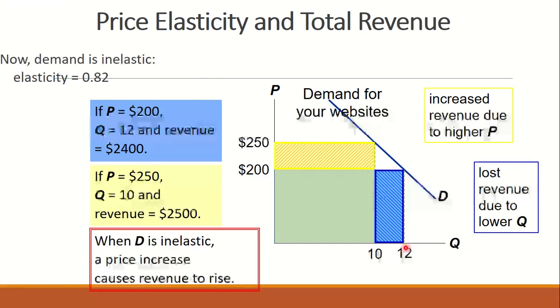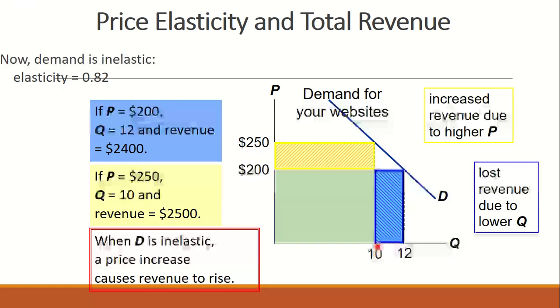But now as price increases from $200 to $250 and the demand is inelastic, there is a small decrease in quantity demanded. That is, quantity demanded decreases from 12 units to 10 units. There is a small decrease in quantity as compared to the increase in price.